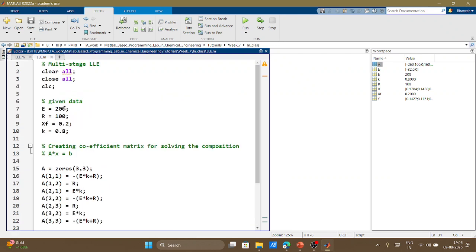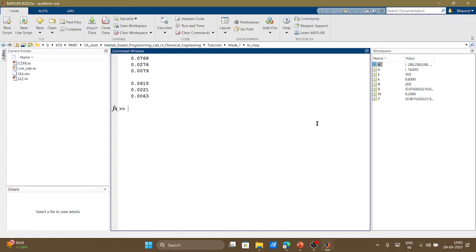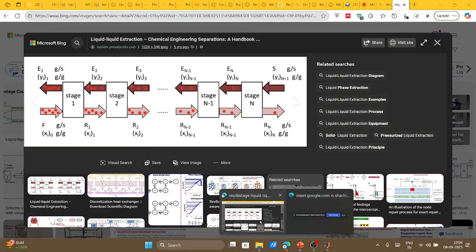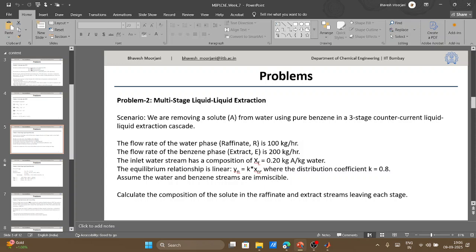Let me just quickly change this ENR notation and do it. Because your problem says water phase is 100 kg per hour, benzene, which is your solvent, is 200 kg.